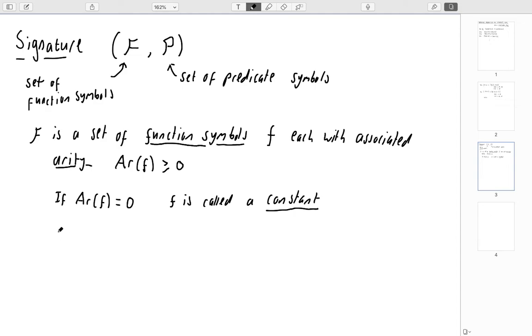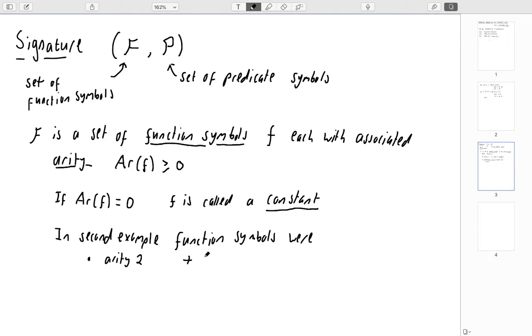So in the second example, the first one was the network of devices, the function symbols were multiplication, which is arity 2, and addition, although we didn't use it in our formulas, but it's there because it's an operation on rings, which is of arity 2.